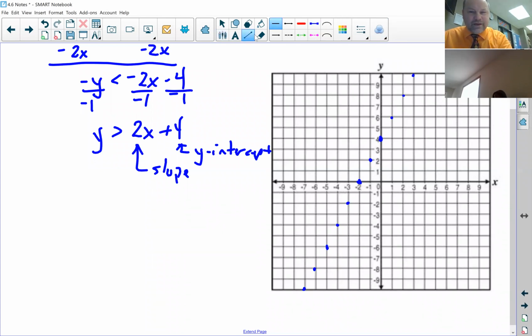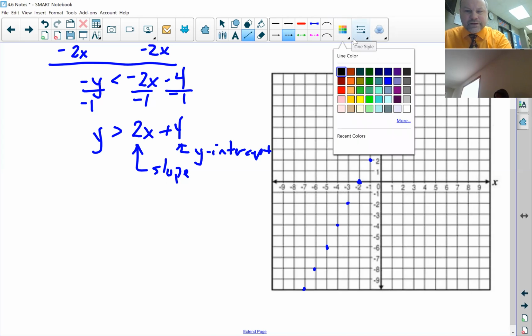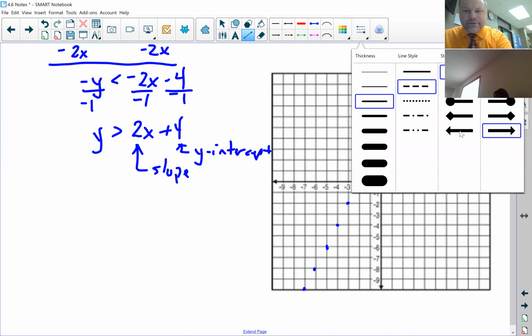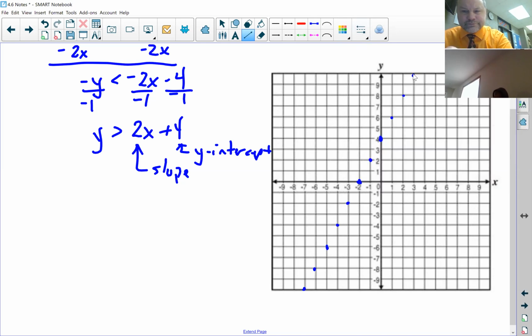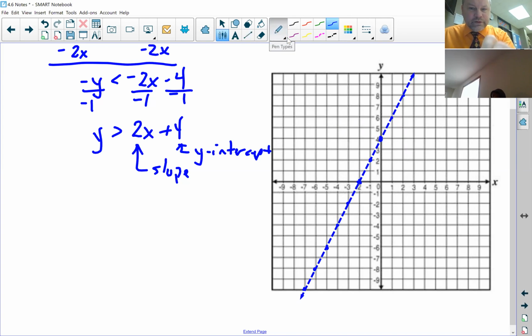So when I draw my line, I'm going to draw a dashed line, like so. And now shading. So here I've got y is greater than, so I know I need to shade above.